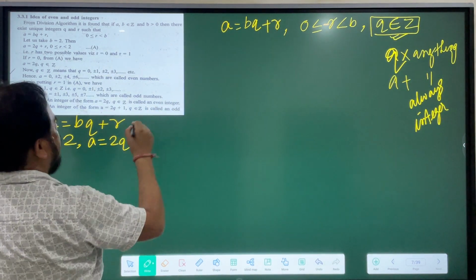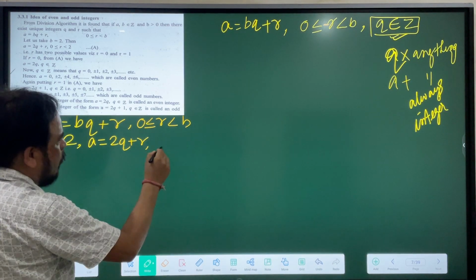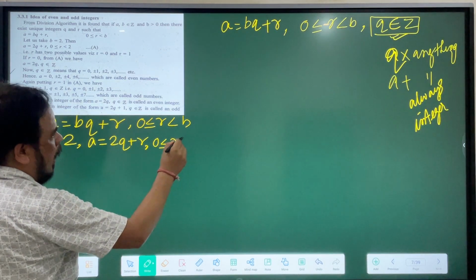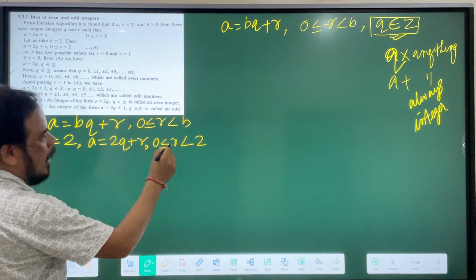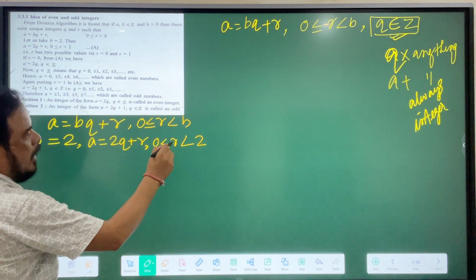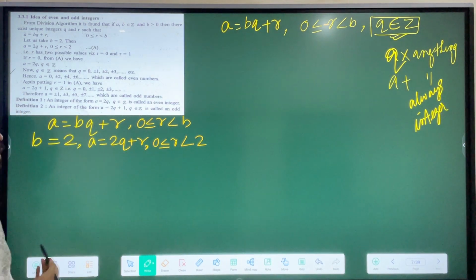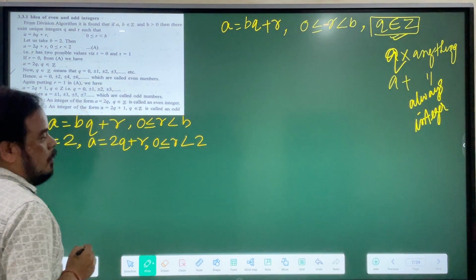Let me write it here, then you will understand. R is greater than or equal to 0 and R is smaller than 2. Whatever we have written, we have to write just as it is. There is nothing else.